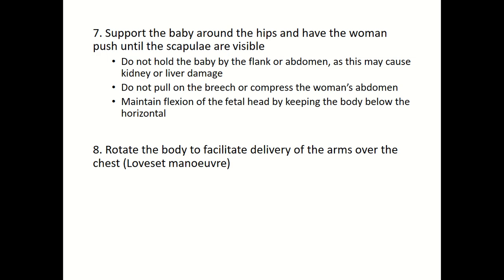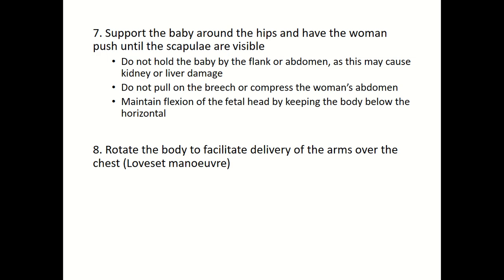If you remember that photo where the baby was left to hang freely, when you do that, the head of the fetus is kept flexed. Number 8, rotate the body to facilitate delivery of the arms over the chest.